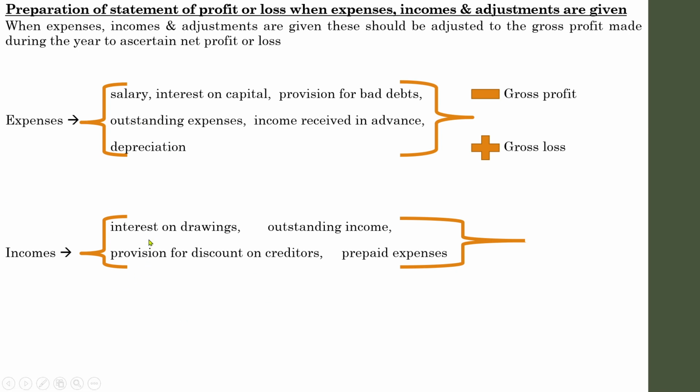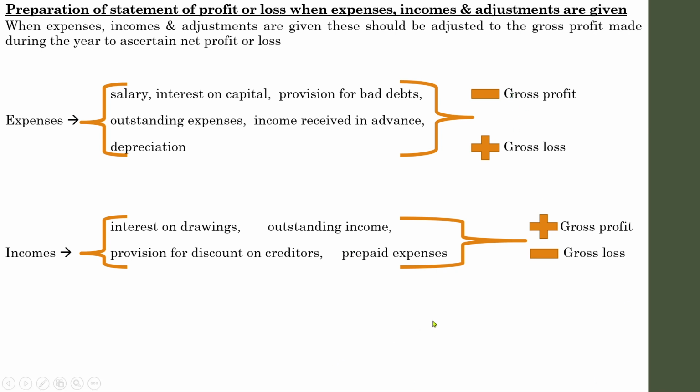If any of these items comes in a question, and if you get a gross profit, you need to add these items to the gross profit. If you get a gross loss, you need to deduct these items from the gross loss. Why are we adding or deducting from gross profit or gross loss like that?